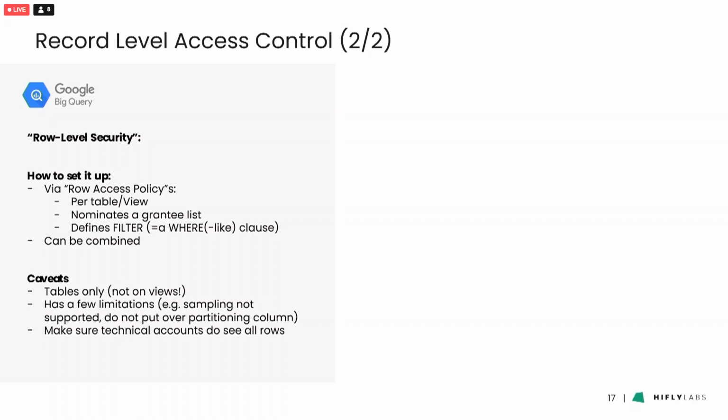Okay. What it does in the background is inserts something like a where filter or a where-like clause into each query. Though it also has a few caveats. You can only do it on tables, so you cannot do it on views. That's sometimes a problem. That also means that you can only do it on the fields that are in the table. So whatever you filter on cannot be something that you join in from somewhere else.